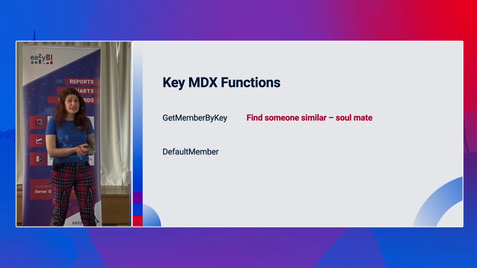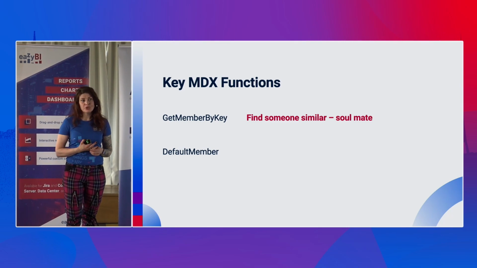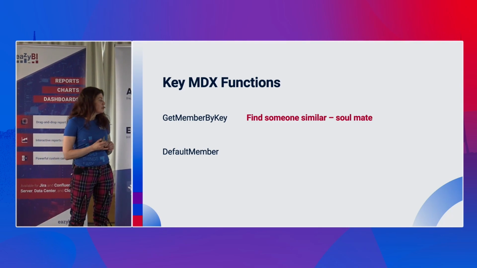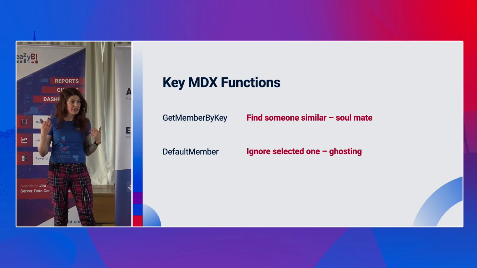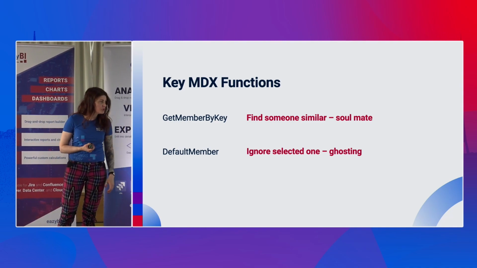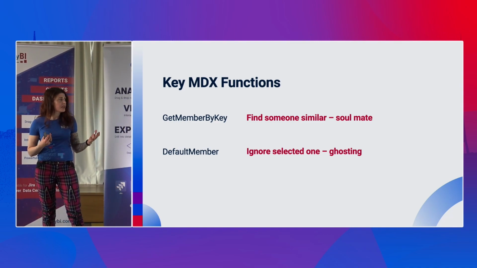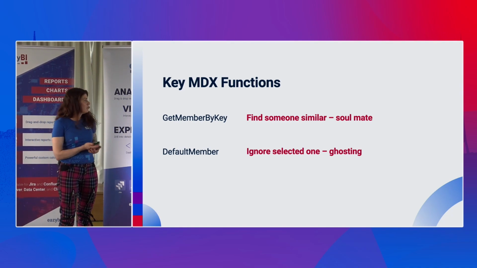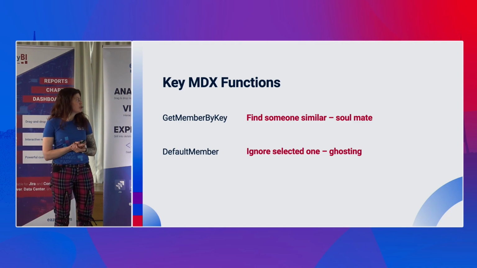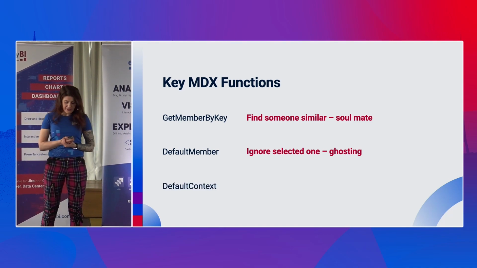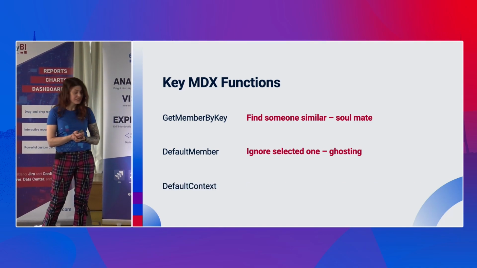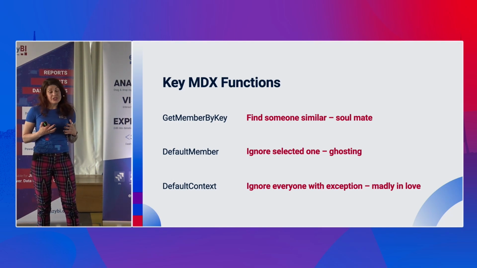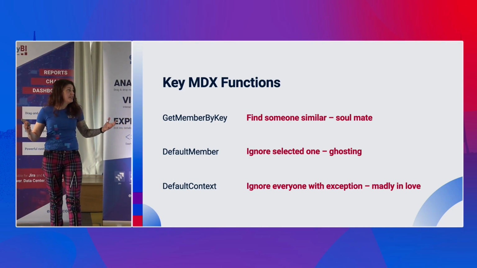The second one is default member. It's used quite widely in tuples to ignore some of the dimensions you already have on report rows. It's for breaking the current context and the current relation between measure and dimension. And then there's the function default context, which is an exaggerated version of default member.